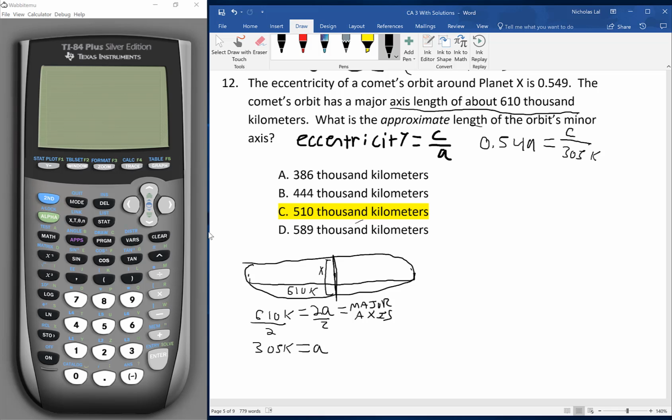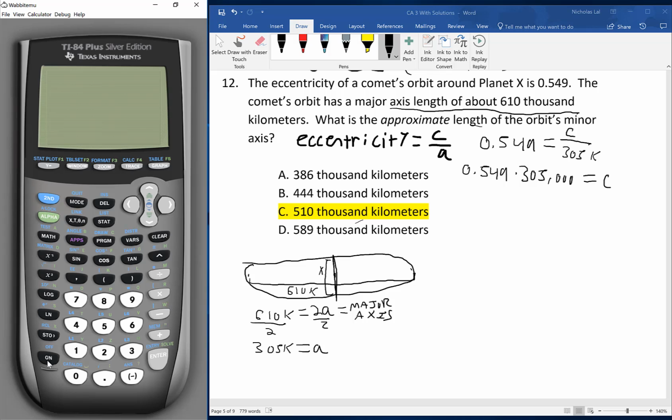So using some algebra, multiply each side by 305,000, and 0.549 times 305,000 is equal to c.